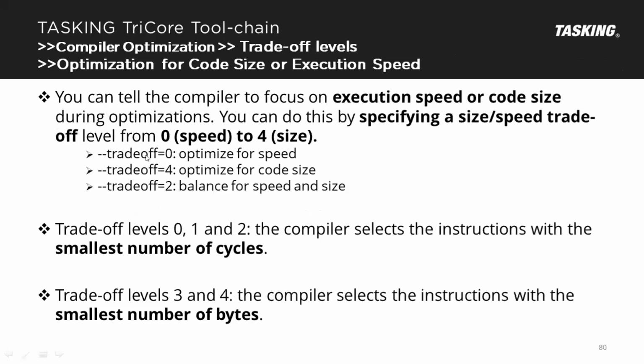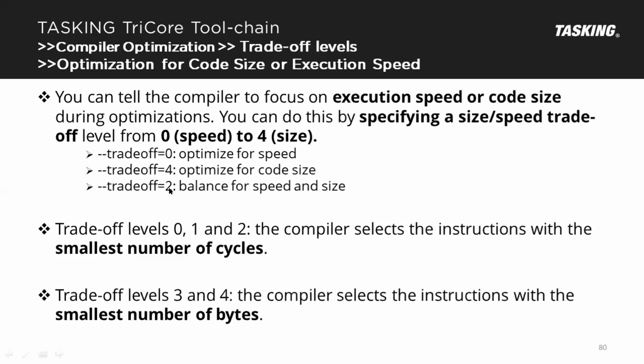The trade-off option has a value of 0 to 4, and with it you define whether you are more interested in speed optimization or in code size optimization. If the trade-off value is 0, I'm optimizing for speed. If the value is the maximum, which is 4, I'm optimizing in the direction of size, so it will generate a smaller ELF code that we will flash on the ECU.